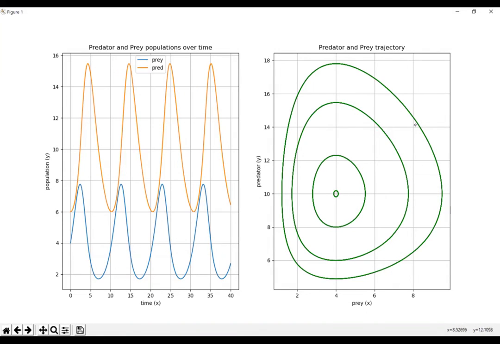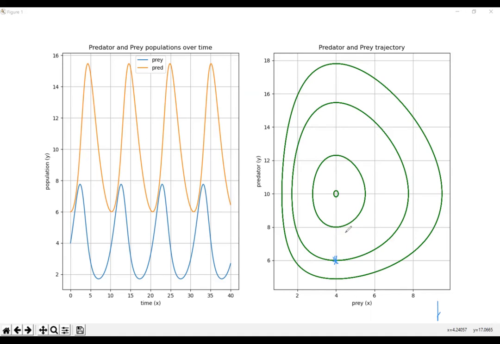Each of these lines here corresponds to a periodic solution of the Lotka-Volterra system. In fact, one of these lines corresponds to the evolution of the Lotka-Volterra system that is depicted in the left part of the graphic. Namely, we remember that we started with 4 units of prey and 6 units of predators, which puts us into this part here of the coordinate system.